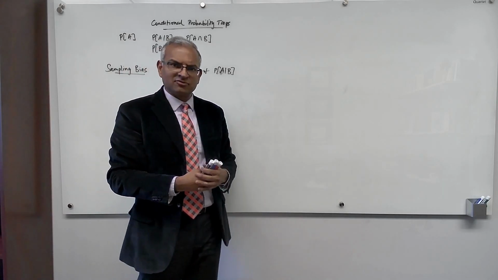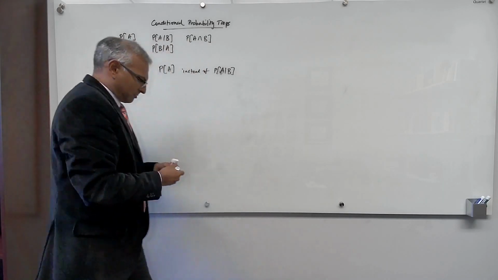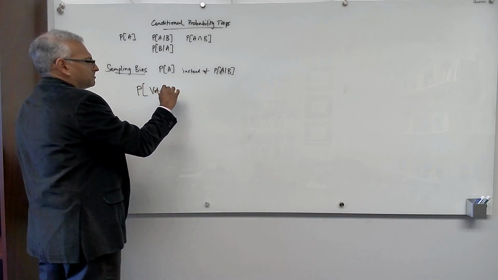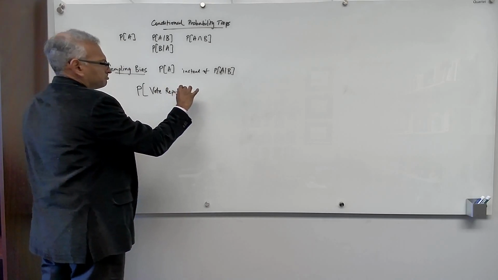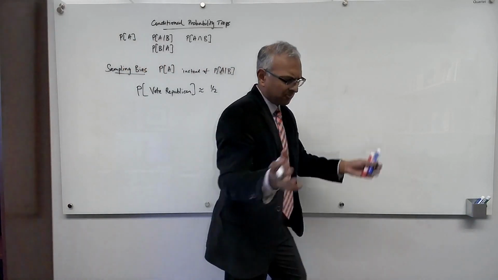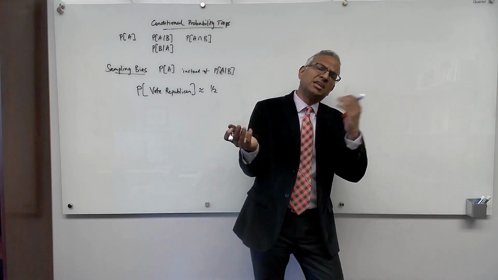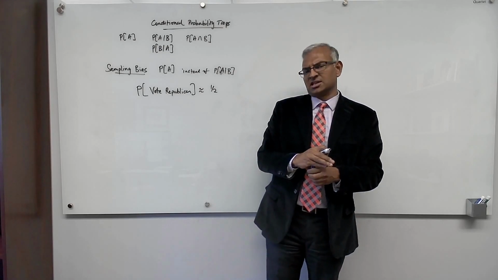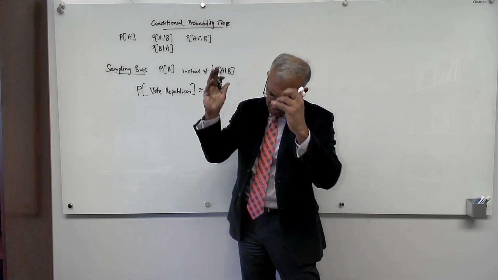If you randomly picked a voter, what are the chances that they would vote Republican? The probability to vote Republican is approximately a half, because there's roughly an equal number of Republicans and Democrats, and on any given election, it can go up or down, let's say 0.5% or 1%.